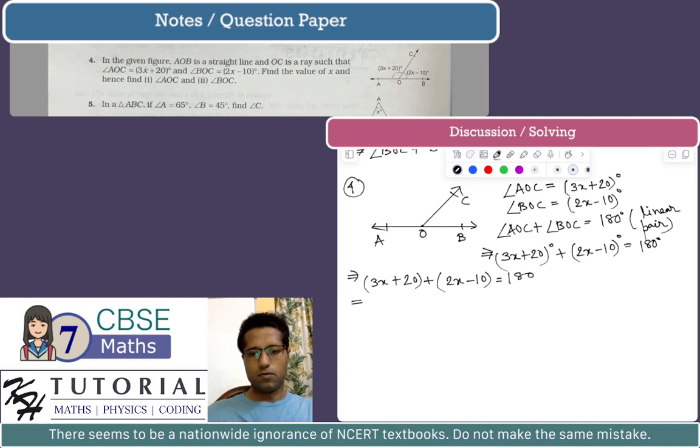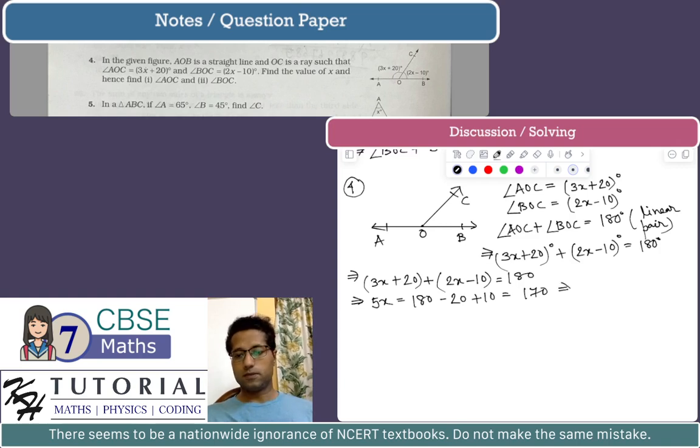If we open up the brackets and simplify, add up all the x terms and bring all the constant terms to the right hand side, we get 5x equals 180 minus 20 plus 10. This is equal to 170.